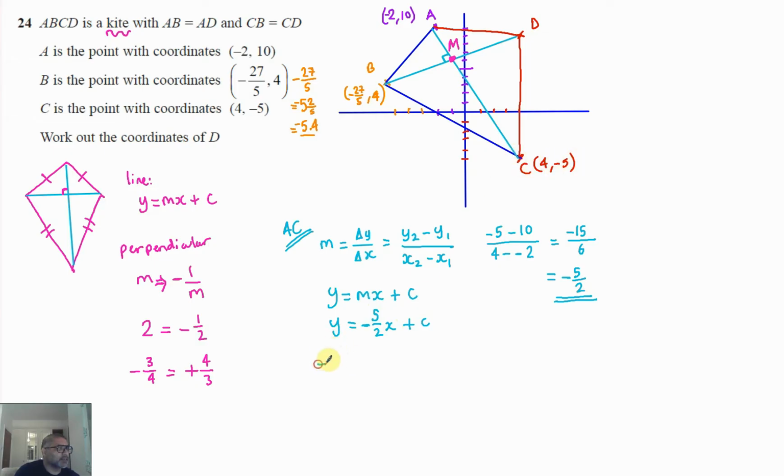So -5 equals -5 over 2 times 4 plus c. -5 over 2 times 4 gives us -10, plus c. Add 10 to both sides, that gives us 5 equals c. So my final equation for AC is y equals -5 over 2 x plus 5.